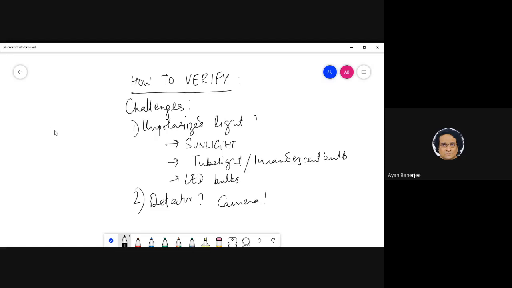So essentially, what I want you to do is take a source of light, make a slit, get a collimated beam, take any kind of a glass surface.